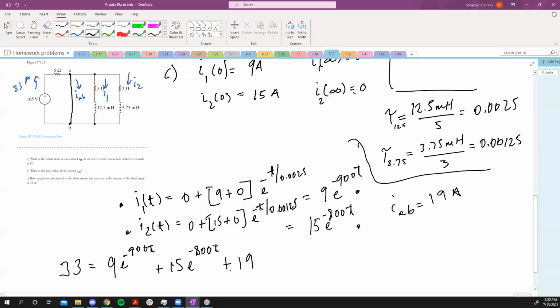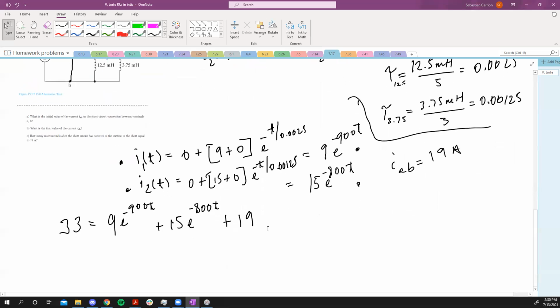So 33 minus 19 is 14, which equals 9e to the negative 400t plus 15e to the negative 800t.